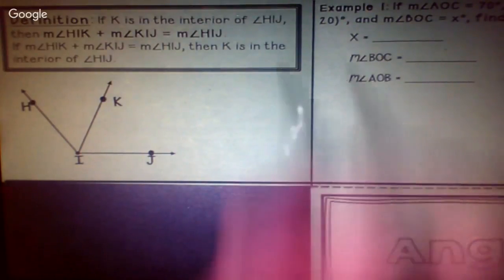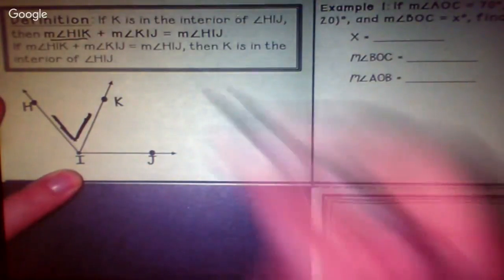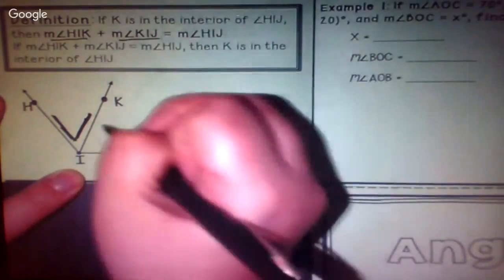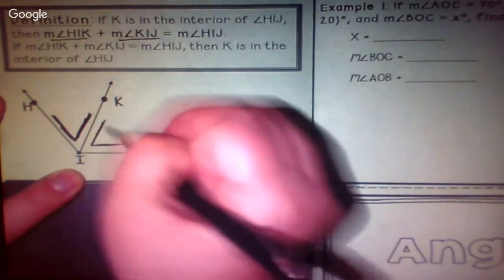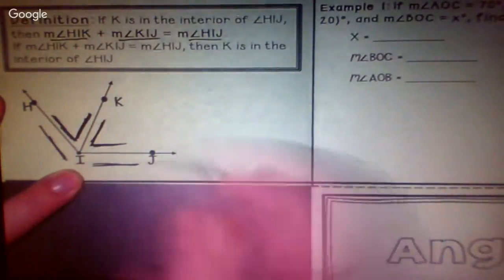It says if the measure of HIK, which is this angle right here on the inside, is added to this smaller angle right here, that should equal the measure of this big angle here.